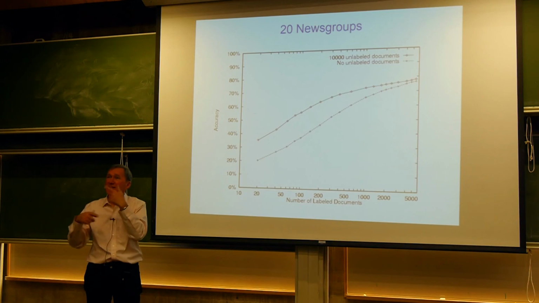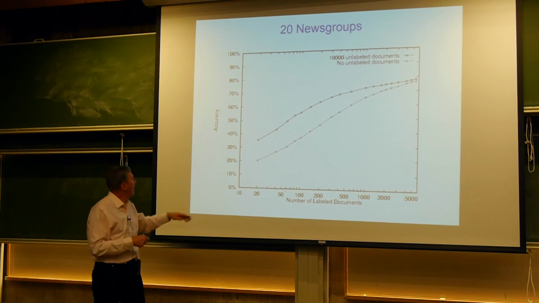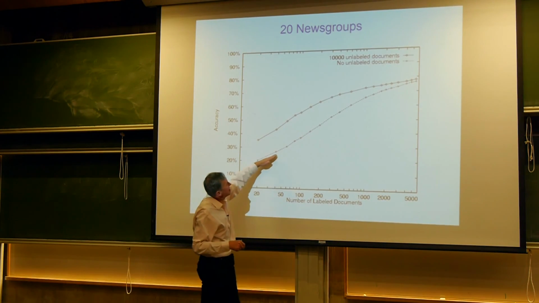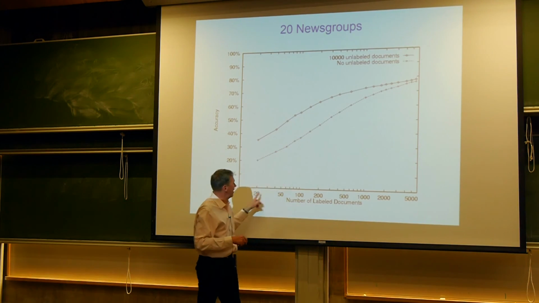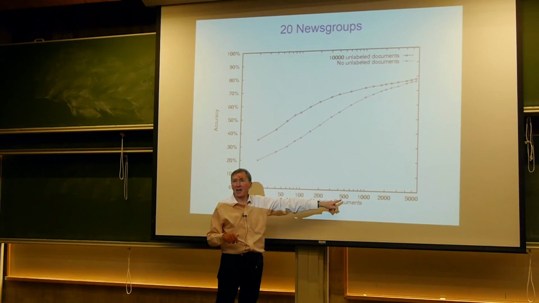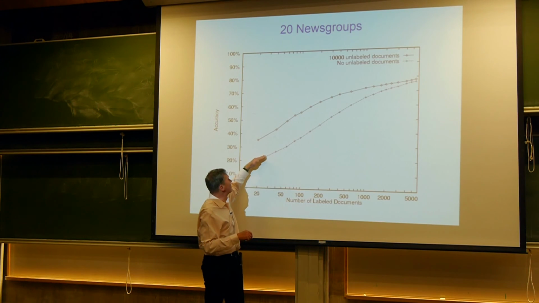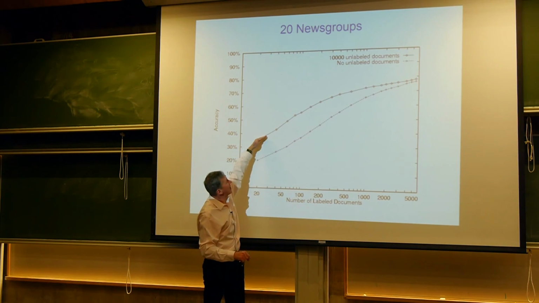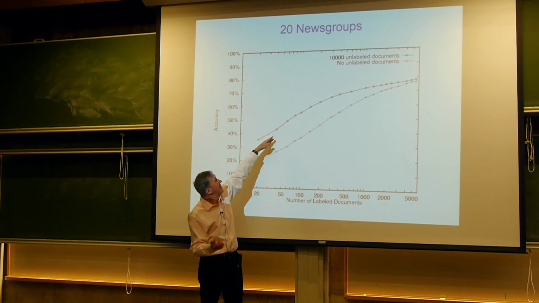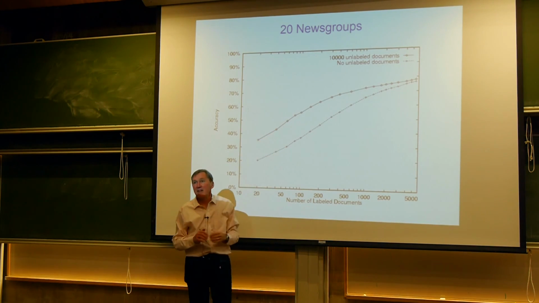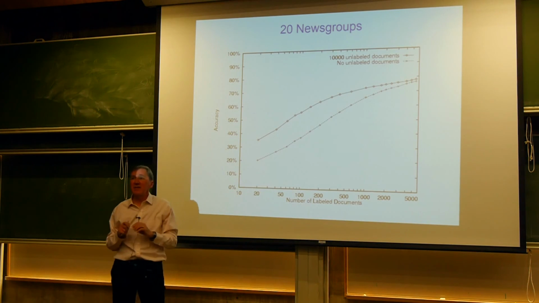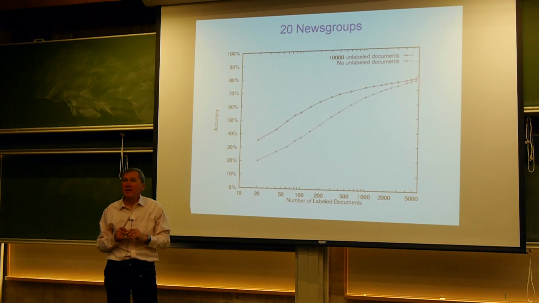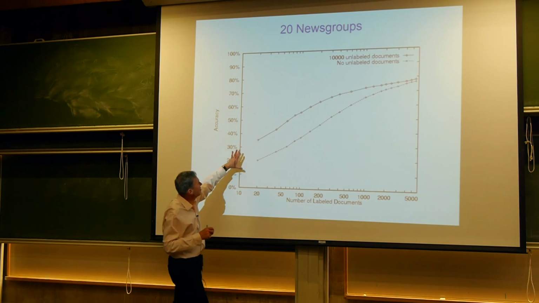And then he just applied this EM. This curve shows the accuracy of the naive Bayes classifier as the number of labeled documents increases if we use standard naive Bayes using labeled data only. And this shows the accuracy he got with EM using these additional 10,000 unlabeled documents, which were processed at the same time.